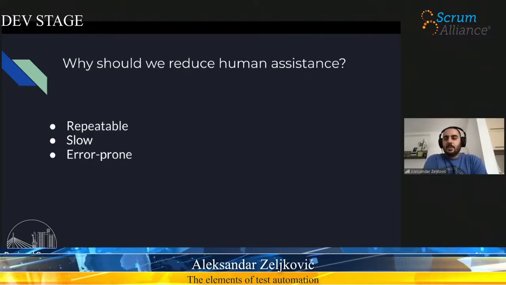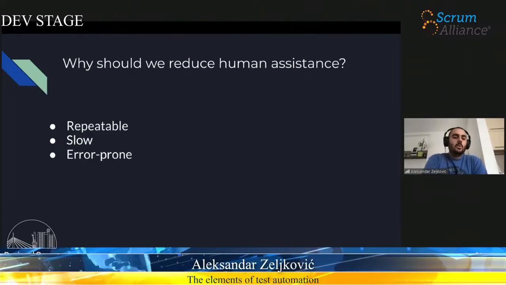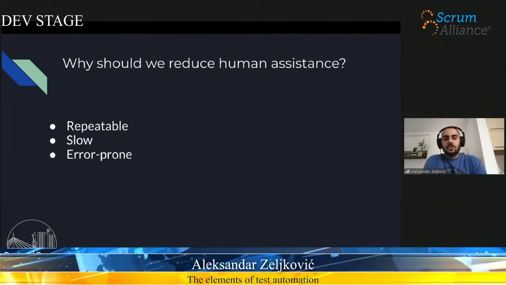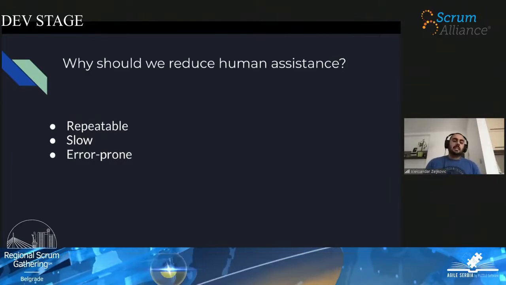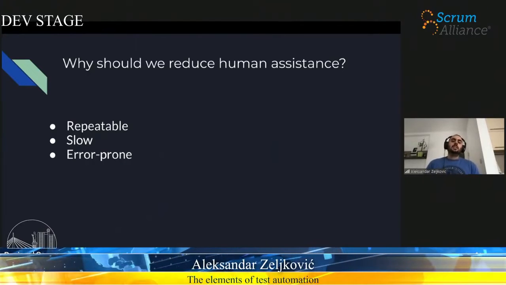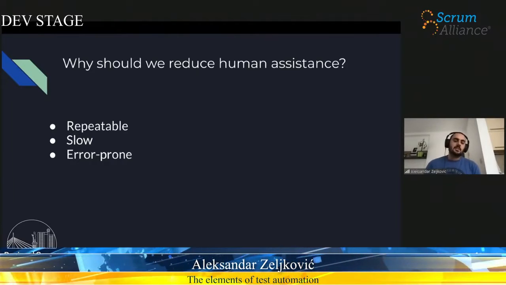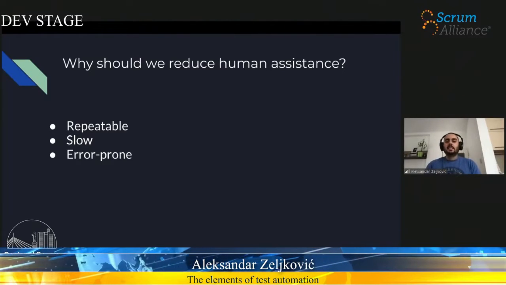Error-prone stuff. In human task execution, we have different factors that can impact the task itself. We make errors, we are tired, we are demotivated, we have personal issues that affect us.